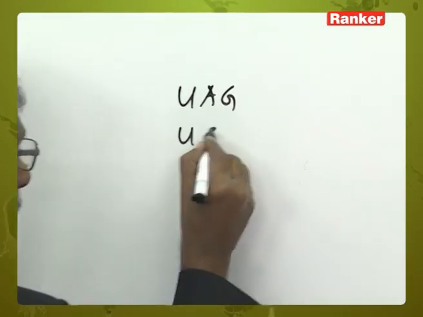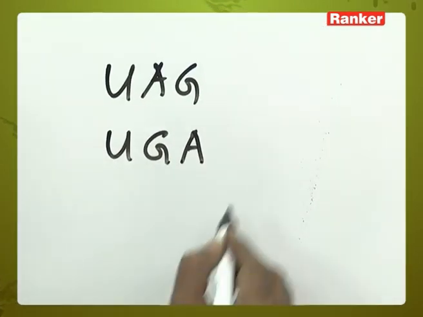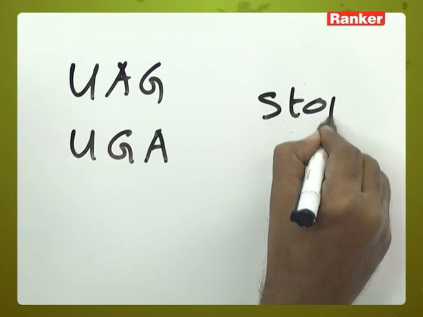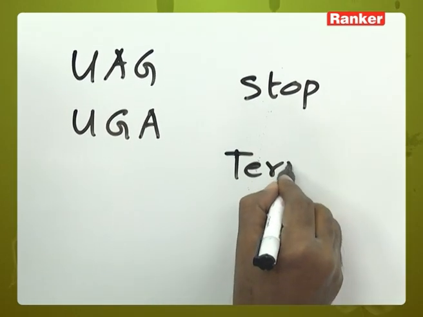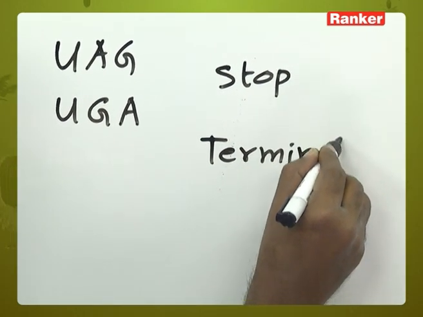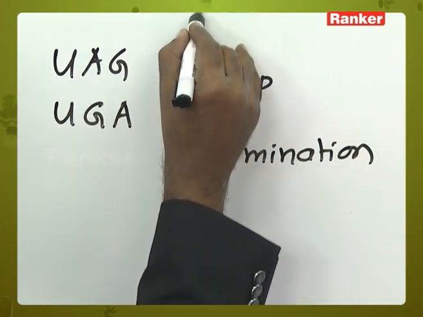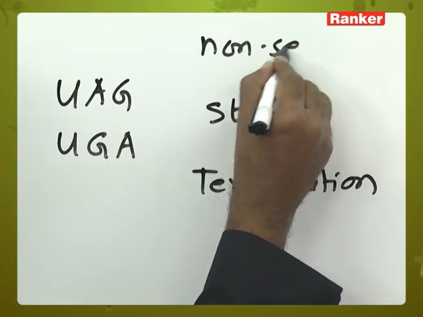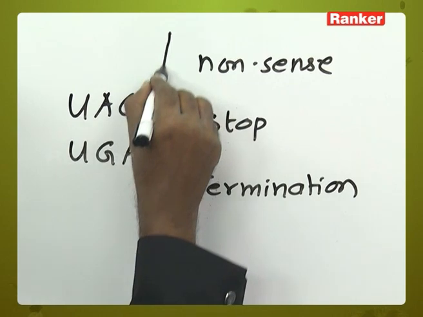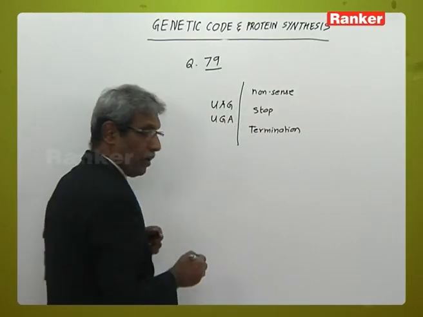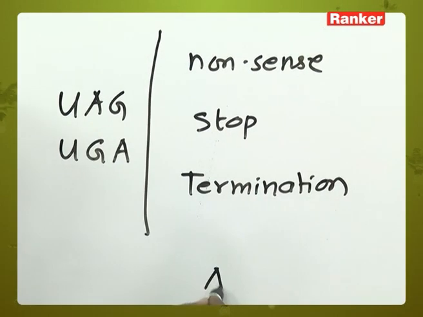and UGA are termed as stop codons or termination codons or nonsense codons, and predominantly these codons do not synthesize any amino acid.